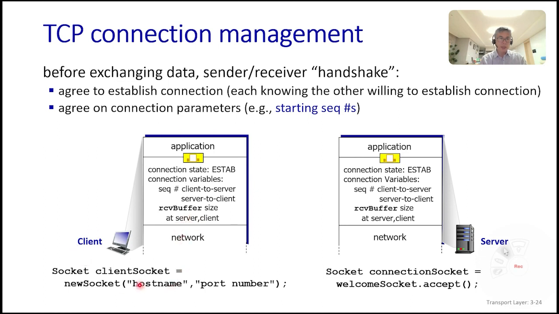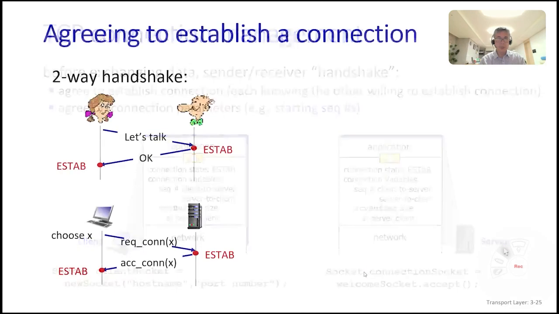So the client makes a socket. This is Java code. The host name, DNS name, and the port number, and then it makes this socket, and then it calls the connect function. Eventually the accept socket returns, for the client's IP and port number.